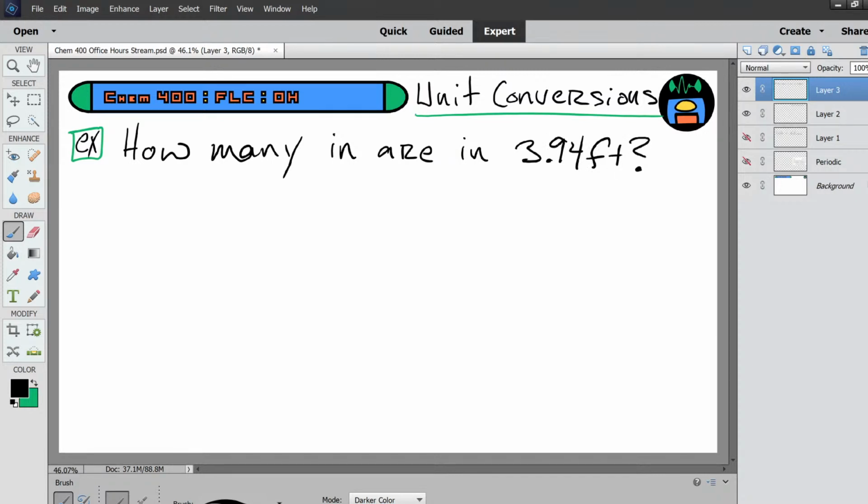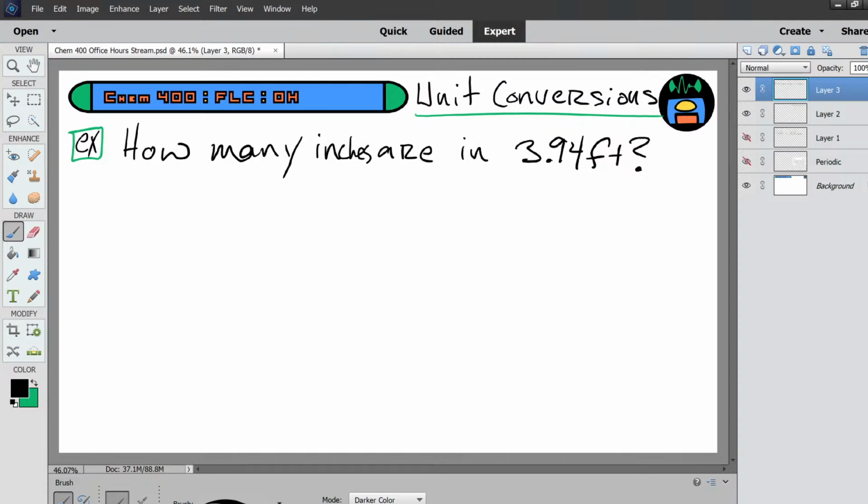Well, to determine it, sorry, I just realized I use "in" for inches, and then I use the word in the sentence. It's a little confusing. I'm going to actually spell the unit out. There we go. How many inches are in 3.94 feet?